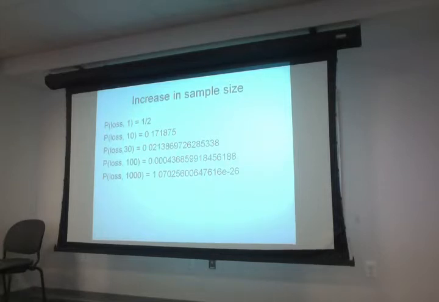That's 45. So 45 times 1/2 to the 10th. And then there was the probability of getting 3 wins. That would again be 1/2 to the 10th times the number of ways we can produce 3 wins. So that would be 10 times 9 times 8 divided by 6. What does that come out to be?